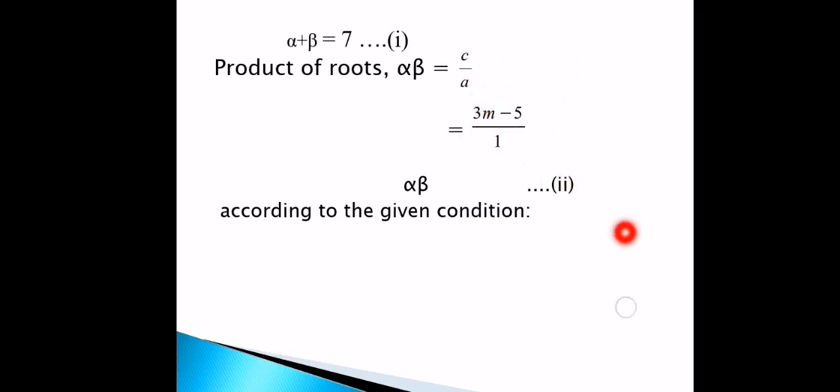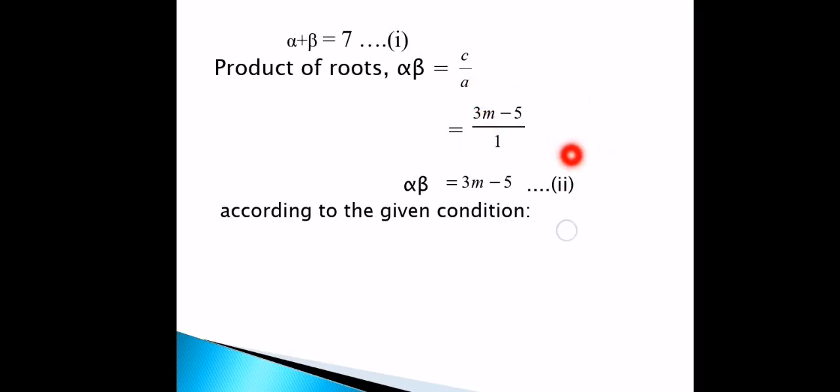Now we will find out the product of roots. Since we know that the product of roots is c by a, while putting the values of c and a from the given quadratic equation, we just get alpha beta is equal to 3m minus 5.